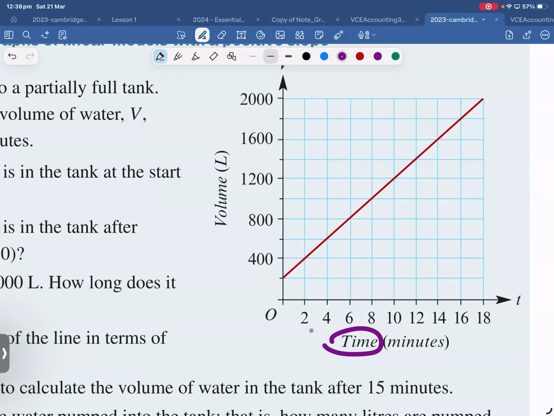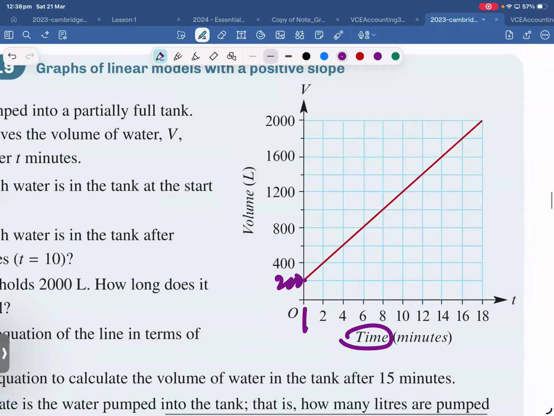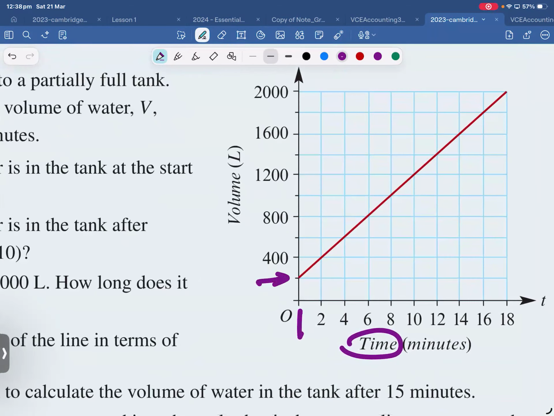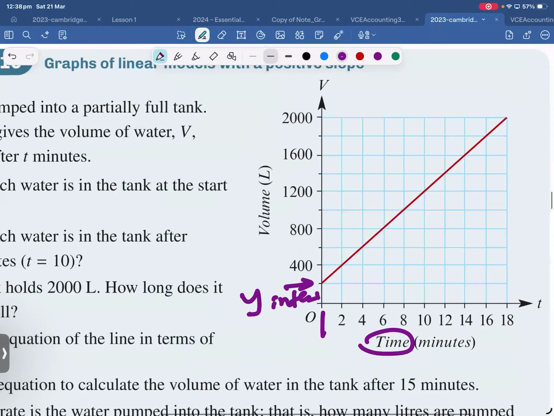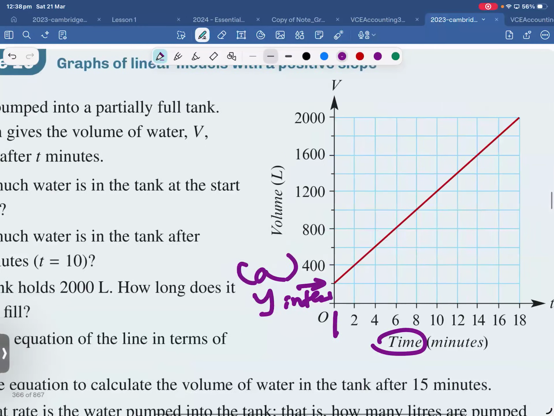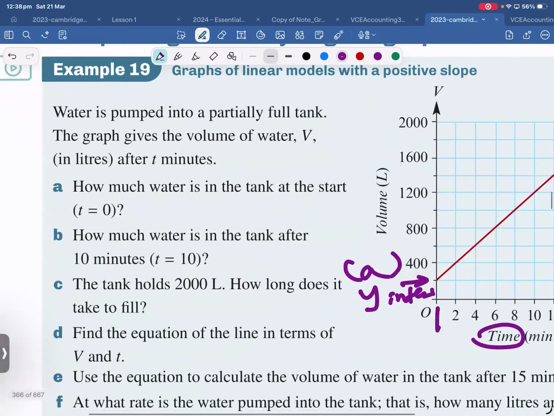When the time is 0, there is still water here. What is the water level? Probably this is 400, so this should be 200. So there is already 200, which, according to our theoretical perspective, is the y-intercept, which is A. Then let's answer the questions.